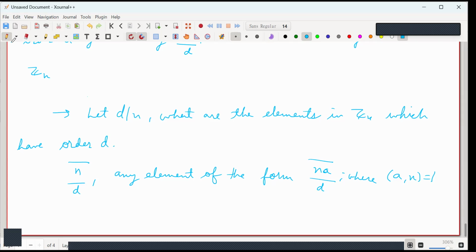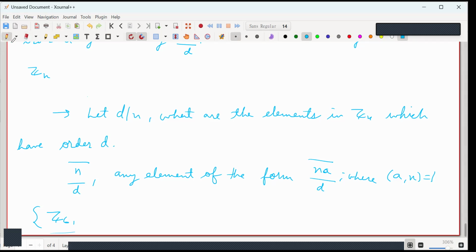For example, you consider Z6. In Z6, the element of order 2 is 3 bar, right? Now we should consider order 3 elements.